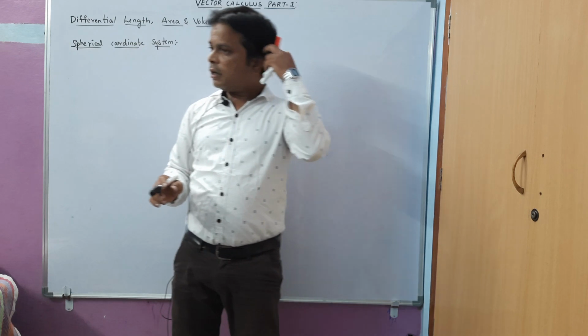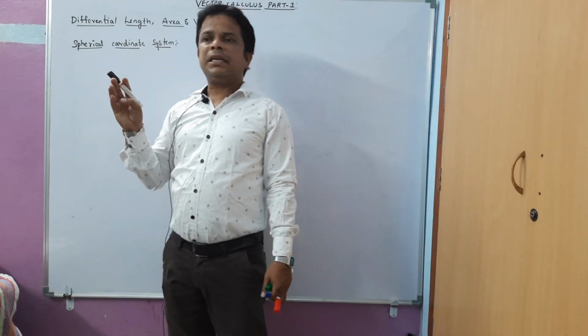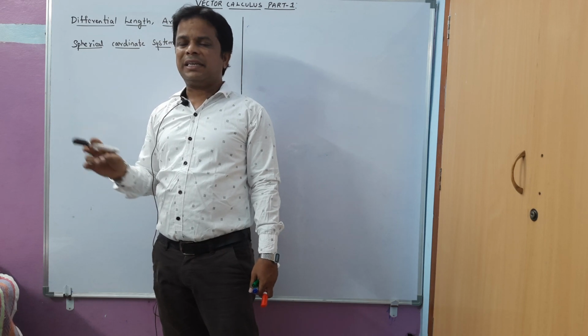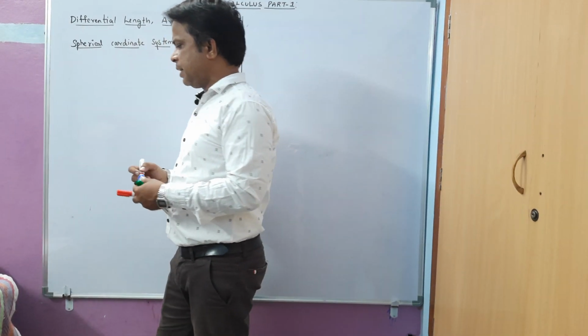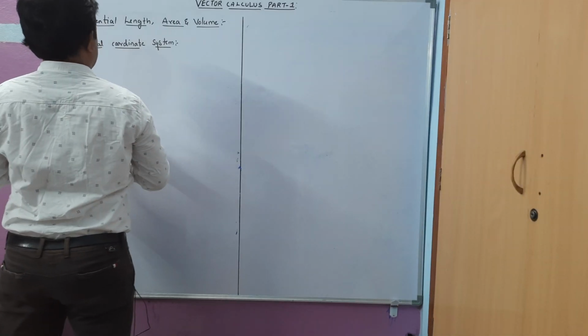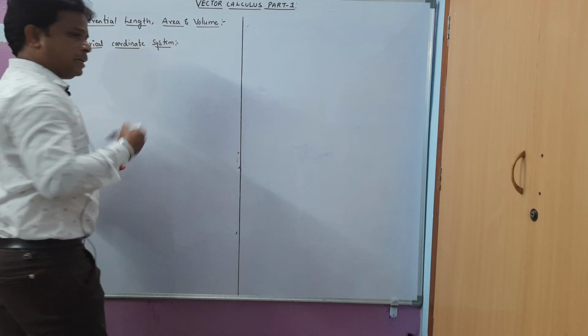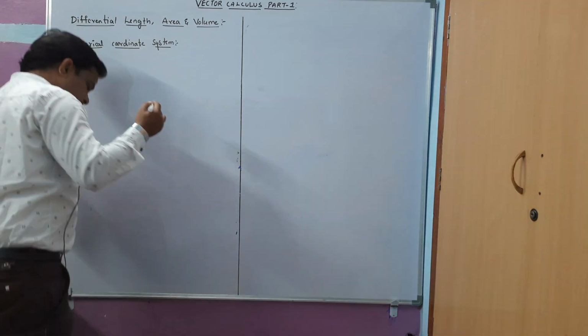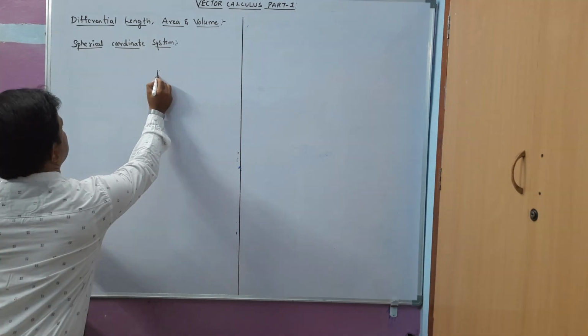That is, we have the radial distance r, theta the elevation angle, and phi the azimuthal angle. So already we know this one. First we need to draw the diagram. After that we will take the elemental differential length, that is the displacement vector.